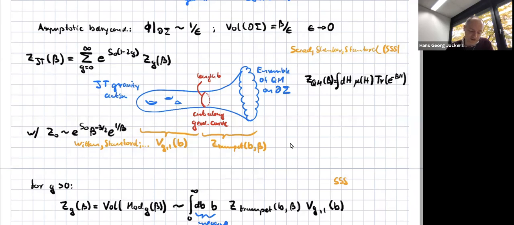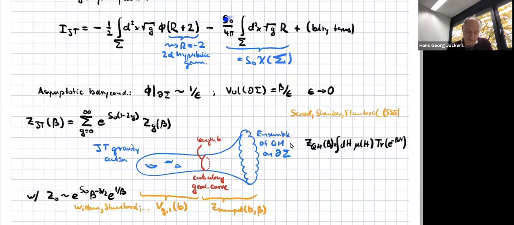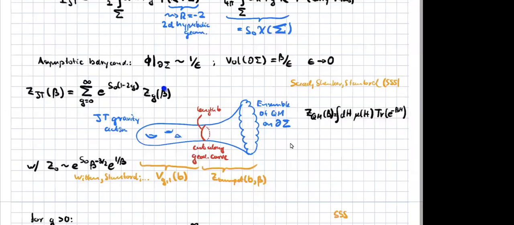And then there is this topological contribution coming from this piece here. Now we localize on these hyperbolic geometries, and so the volume of these moduli spaces is essentially the multiplicity of the geometries. So I got it. Yeah. Thank you.